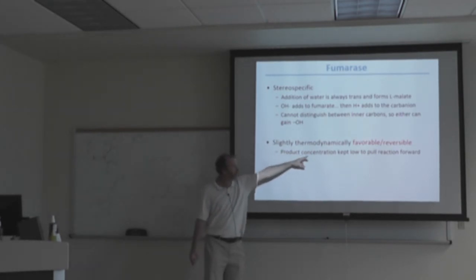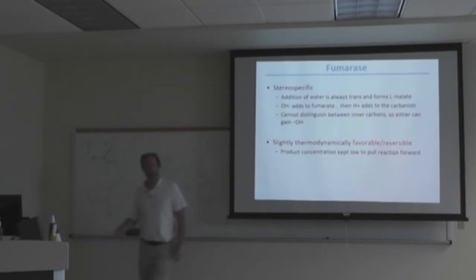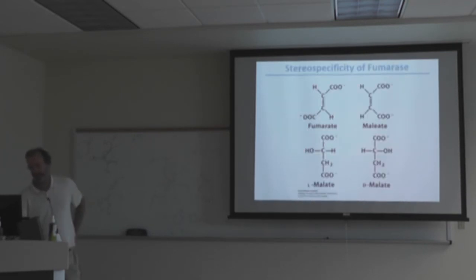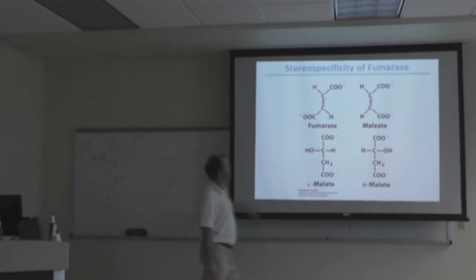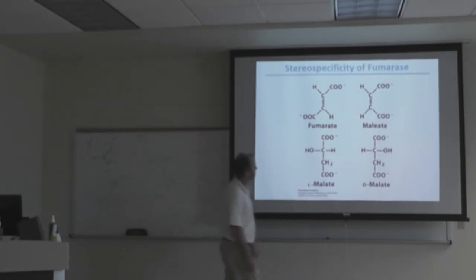Slightly thermodynamically favorable, reversible. Product concentrations are kept low again, which pulls that reaction forward. And this shows you the stereospecificity of fumarase. So you have fumarate, which can produce L-malate or D-malate.